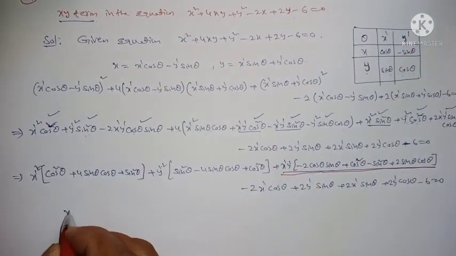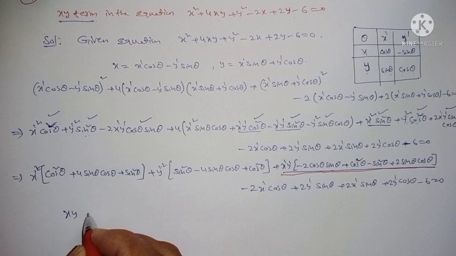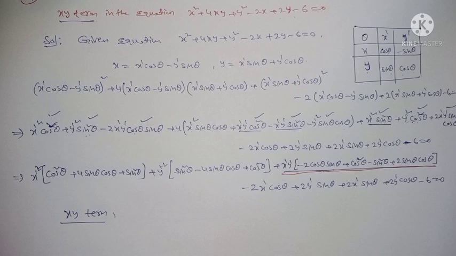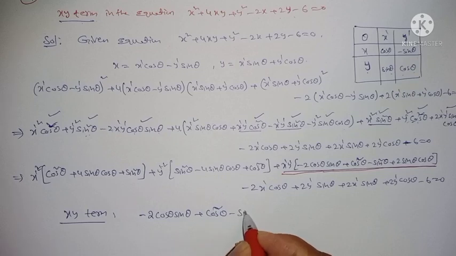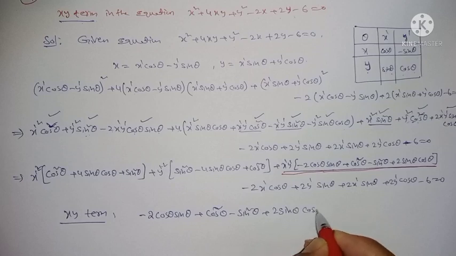Therefore the xy term is minus 2 cos theta sin theta plus cos square theta minus sin square theta plus 2 sin theta cos theta is equal to 0.